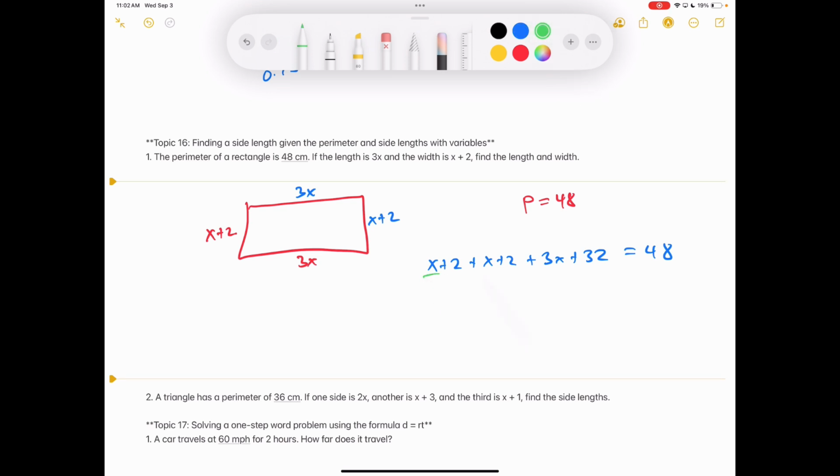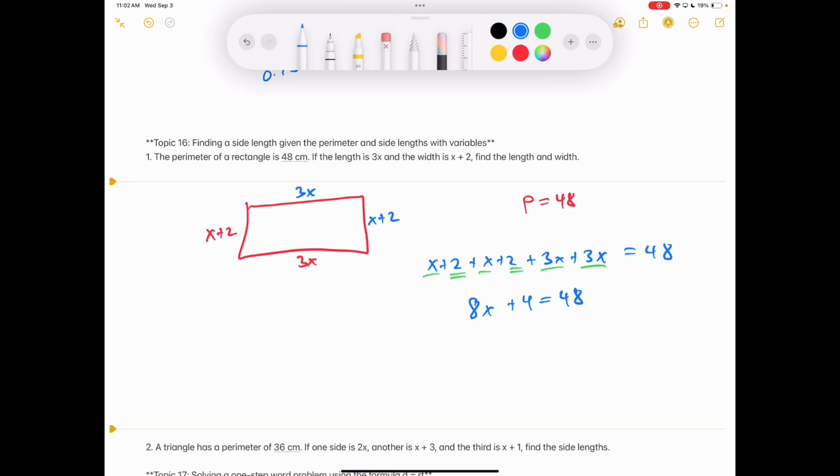So you do x plus 3x. That's supposed to be an x, right? Plus 3x, so I have 8 x's. And then 2 plus 2 would be 4. So subtract 4 and divide by 8.